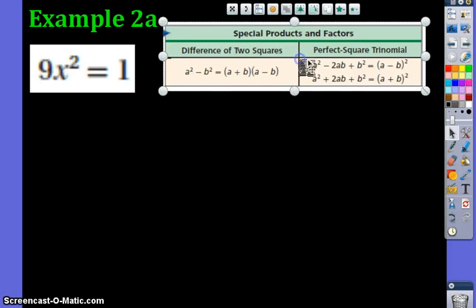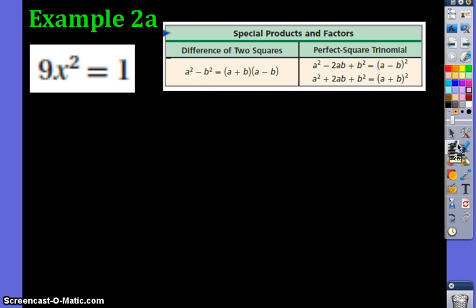There we go. All right, so our first problem, example 2a, is 9x squared is equal to 1. First of all, we want to rewrite this so that it's 9x squared minus 1 equals 0, because remember, we want these things to equal 0. So we take 1 away from each side.